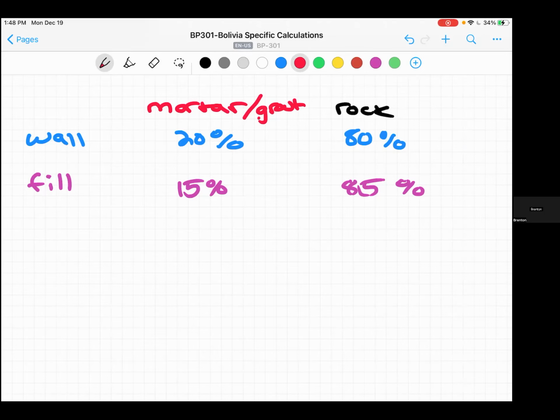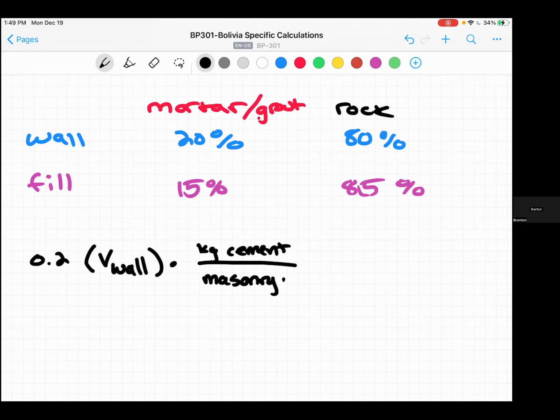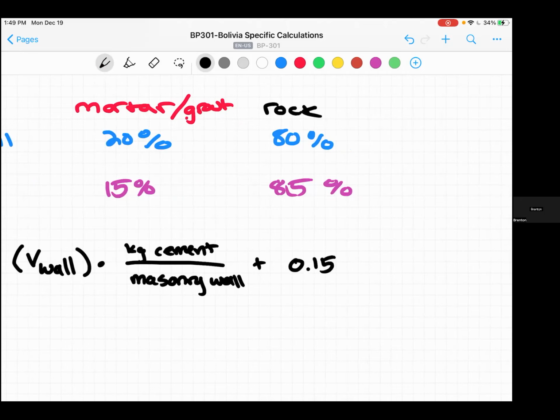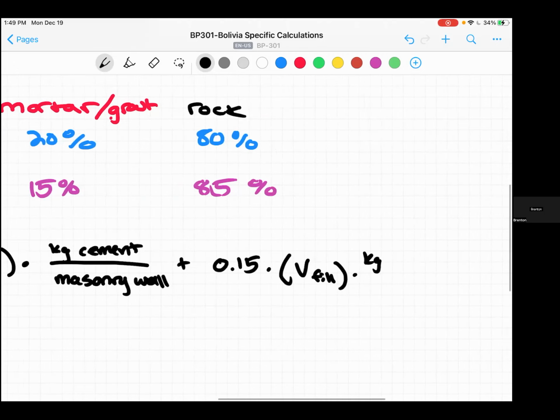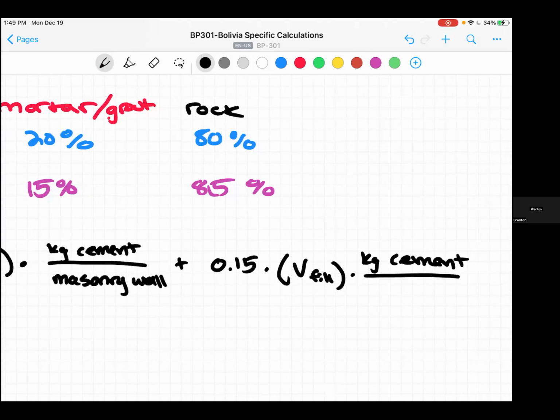So doing that, the equation should have looked like, say for a wall, 20% times volume of the wall times however many kilograms cement per volume of masonry wall, and kilograms of cement per masonry fill.